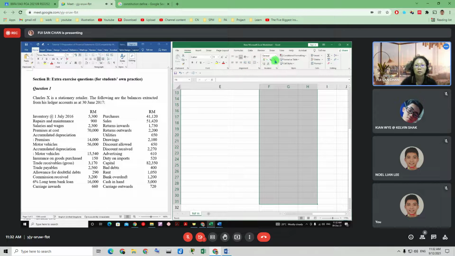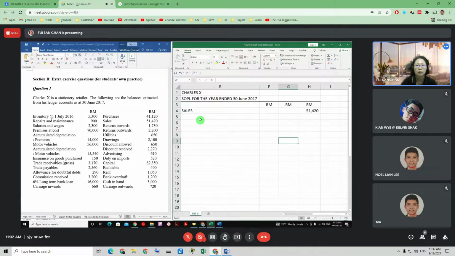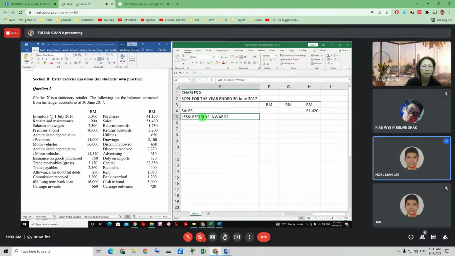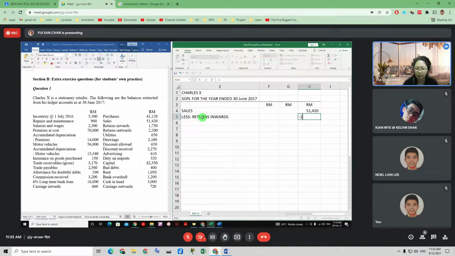And then I'll put less return inwards. Is it correct? Return inwards, yes. So return inwards is minus. Actually, I prefer with brackets, you can see better.